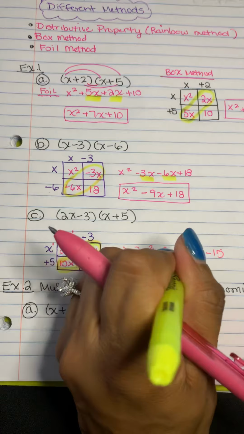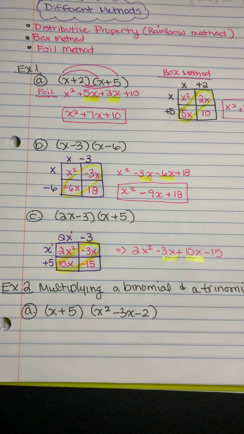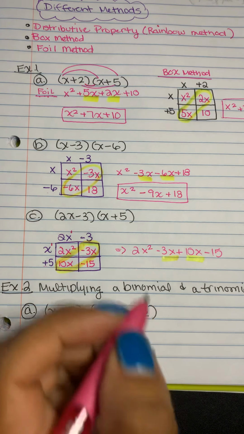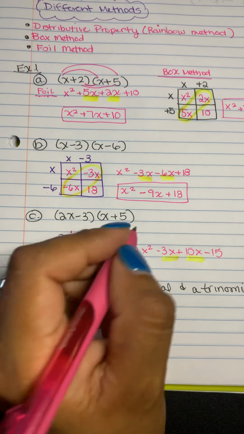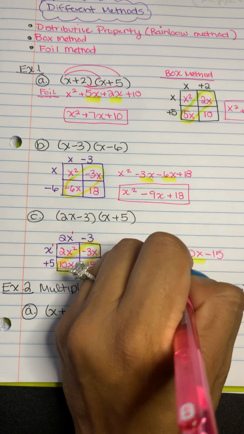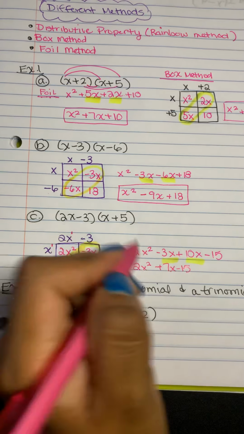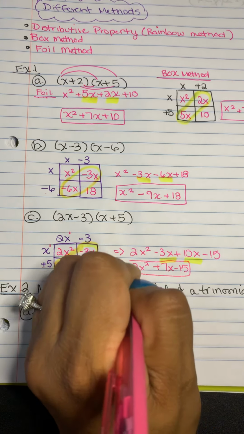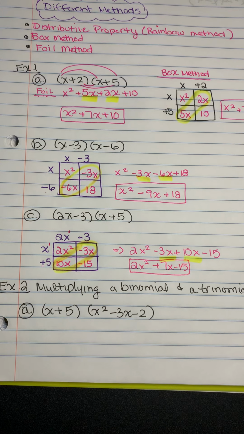Again, we said combine like terms, so we're combining negative 3x and a positive 10x. We have different signs, so subtract. 2x squared, keep it positive, plus 7x minus 15. And there's your final answer. Again, please make sure you show your work, box your answer.